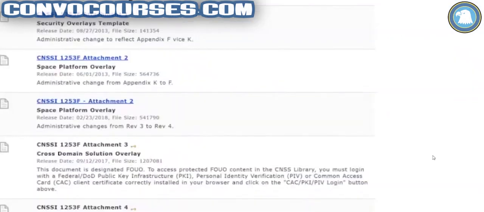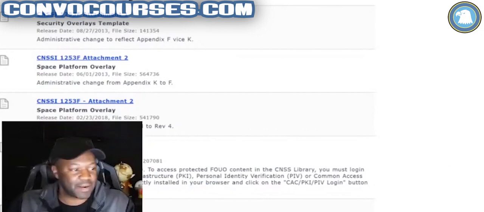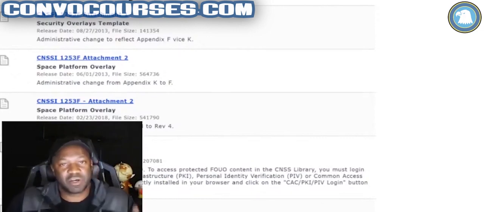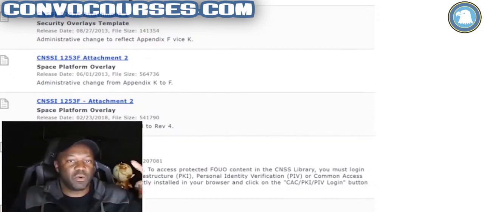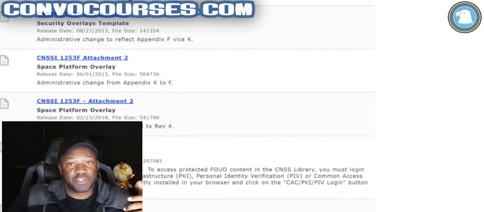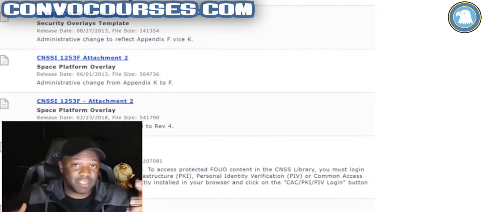And then here's some overlays. I didn't have the time to find any specific overlays, but here's what they look like right here. There's overlays for if you had an intelligence system, if you have a cross-domain solution. A cross-domain solution is a server where you're moving data from top secret to secret or secret to top secret.